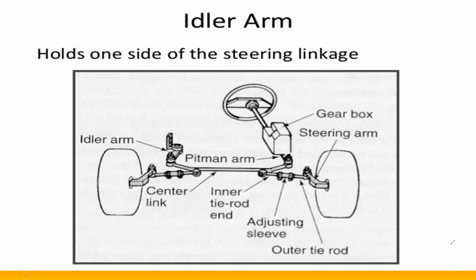Okay, these are the different parts in that steering system. You can see what the idler arm location is. It is the idler arm location.